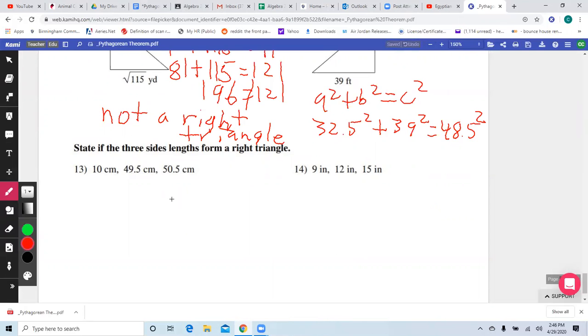So the last question. Okay. So here I'm going to do a squared plus b squared is equal to c squared. So I'm going to do 10 squared plus 49.5 squared is equal to 50.5 squared.